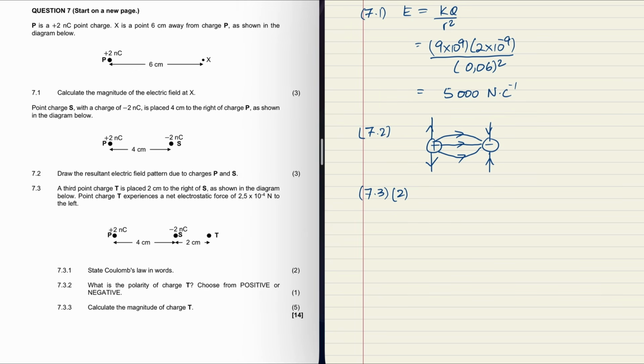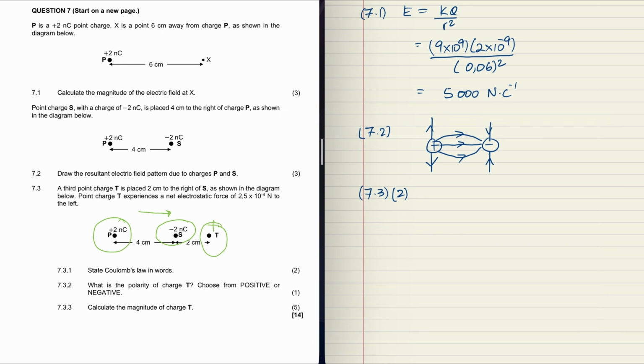So if T is positive, then that means that P is going to want to repel it and push it with some force, but not a lot of force because it's quite far apart. Now if T is positive, then it's also simultaneously going to be attracted to S because S is negative.